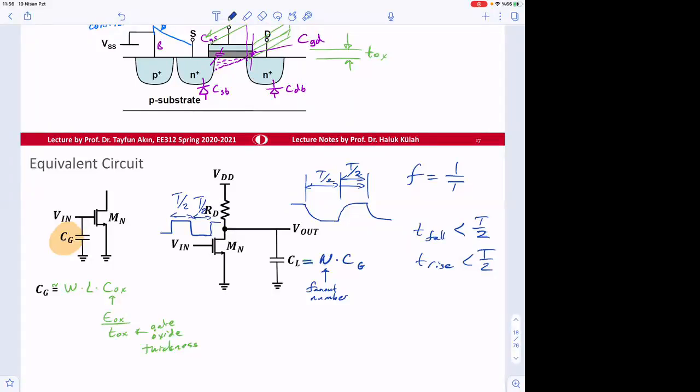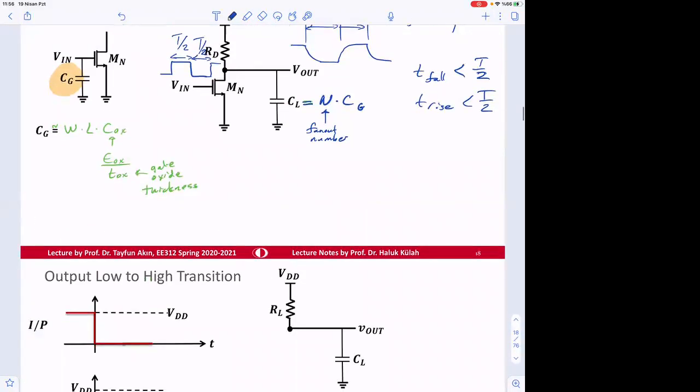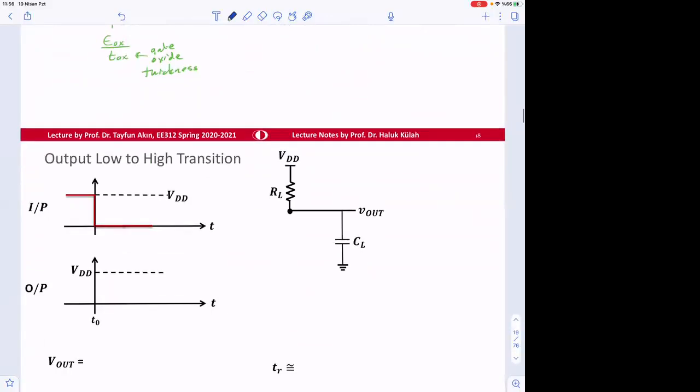So how can we determine those values? The charge uptime and charge downtime. So if this is input, this is output. When input goes from high to low, we know that for low, this becomes off.